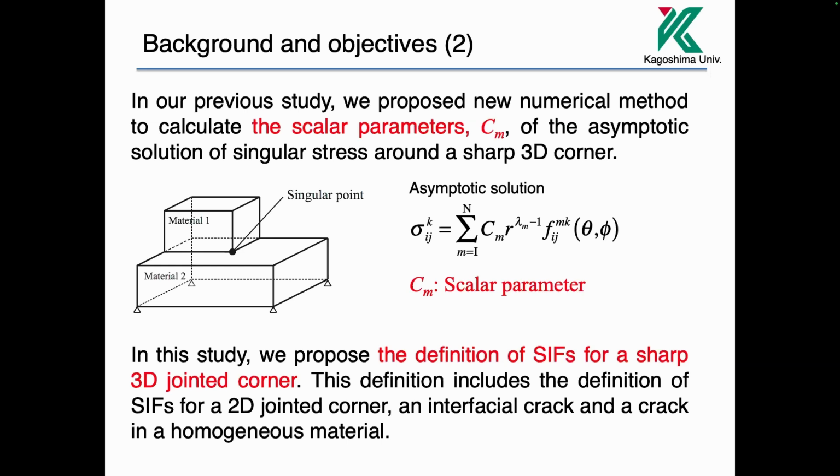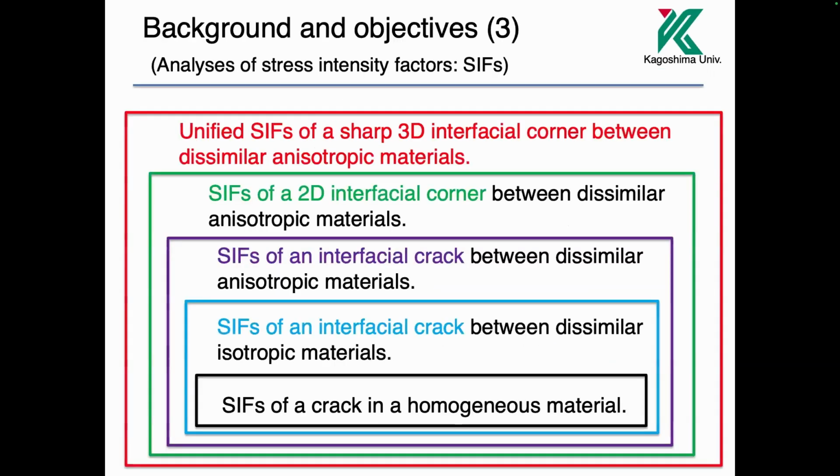So in this study, we propose the definition of stress intensity factors for a sharp 3D jointed corner. This definition includes many other definitions like this. So this time we proposed unified stress intensity factors of a sharp 3D interfacial corner between dissimilar anisotropic materials.